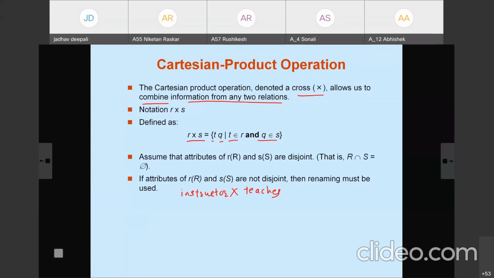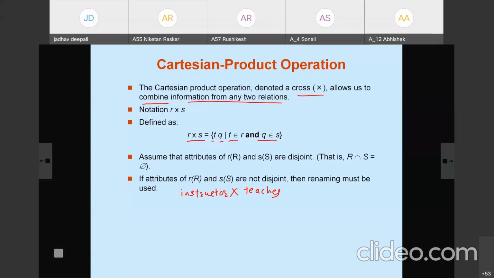How many attributes are in the resulting relation? The number of attributes is the union of R and S. If there are 4 attributes in the instructor and 4 attributes in teaches, then there are 8 attributes in the resulting relation.